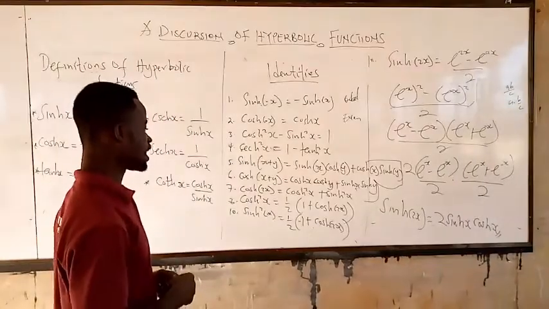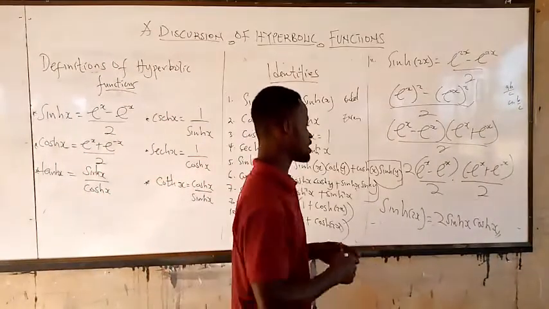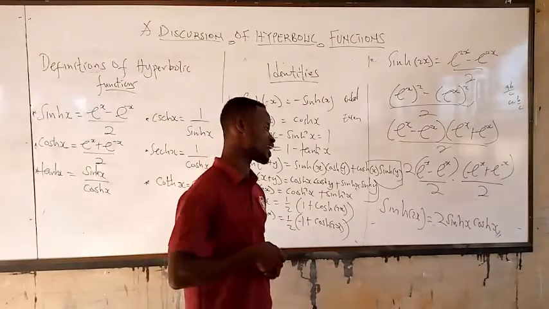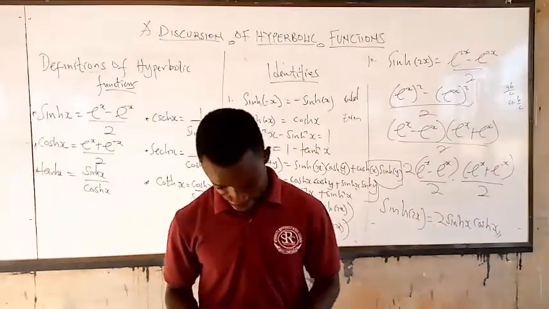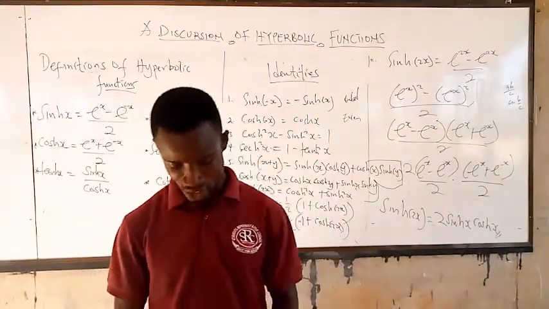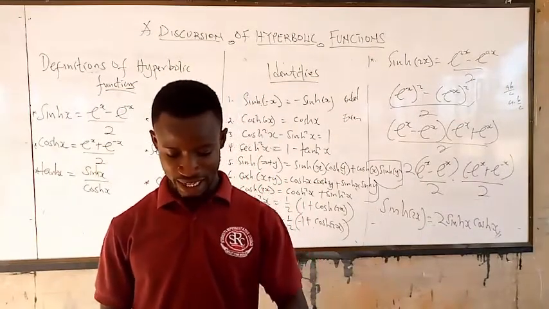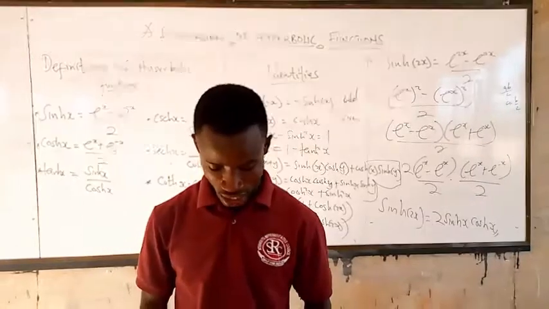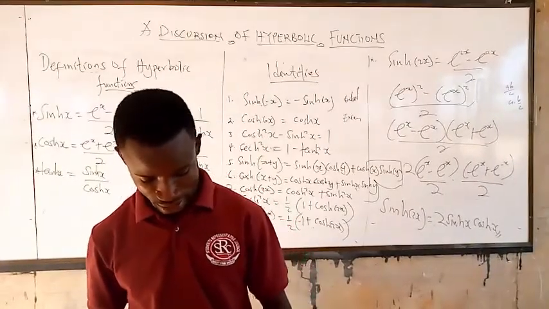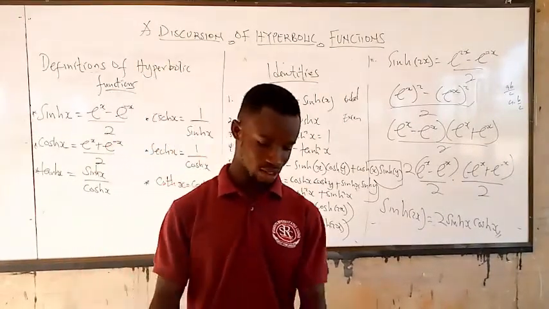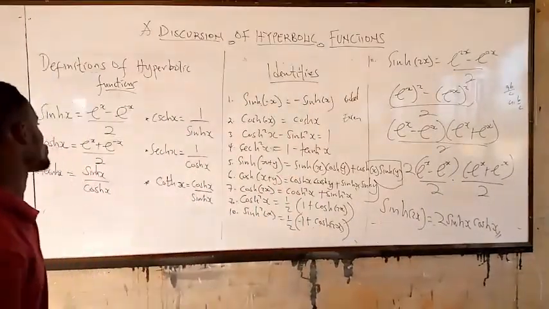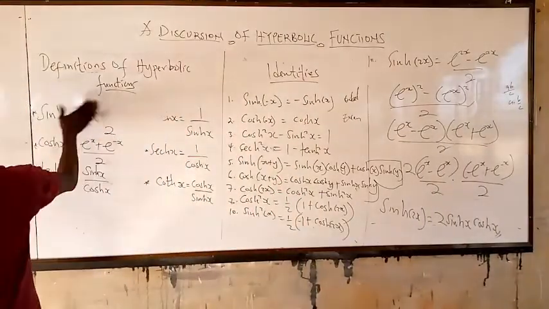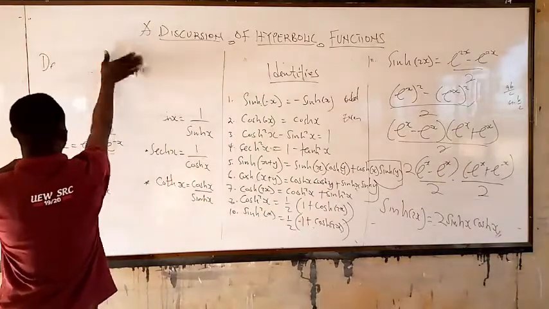So the identity for sinh 2s is the same as 2 sinh s cosh s. Having these identities, it means that we can now move on and solve some questions under this part. Okay, so let me clean this side.